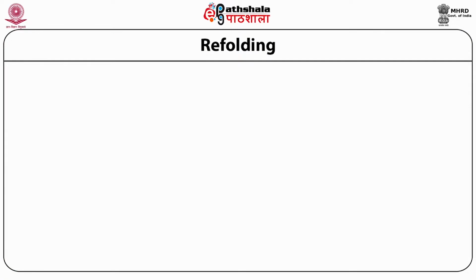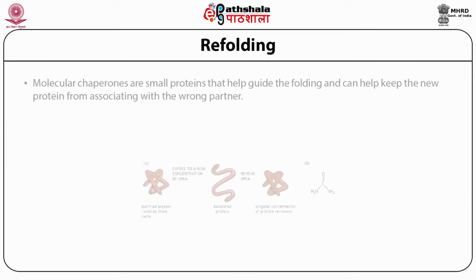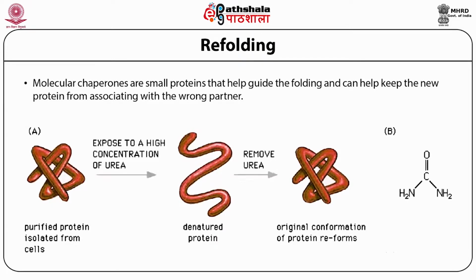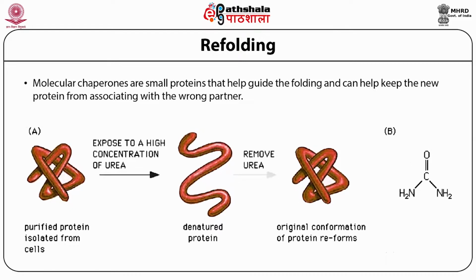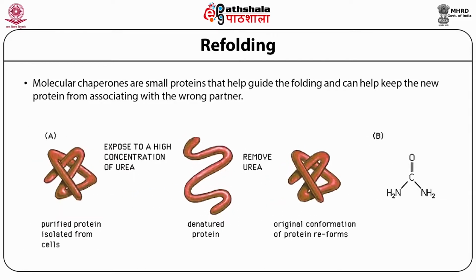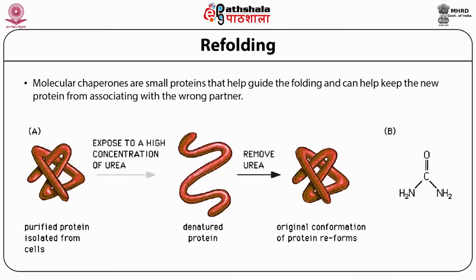Refolding is the phenomenon. Molecular chaperones are small proteins that help guide the folding and can help keep new proteins from associating with the wrong partner. That is refolding, which is opposite to denaturation. If purified proteins isolated from cells are exposed to a high concentration of urea, denaturation of the protein occurs.